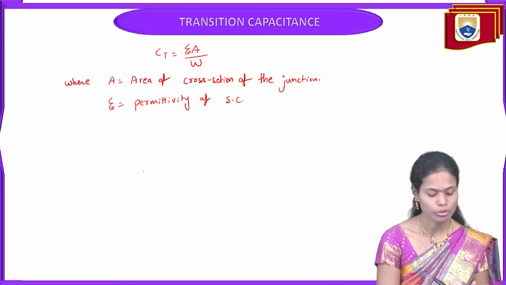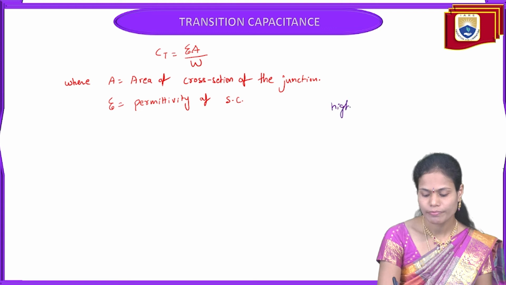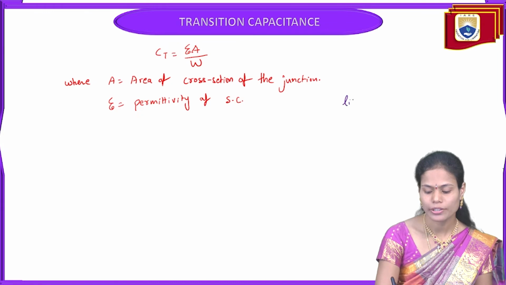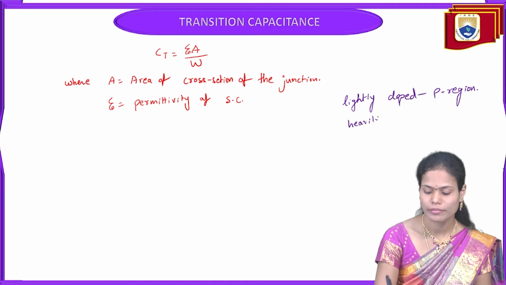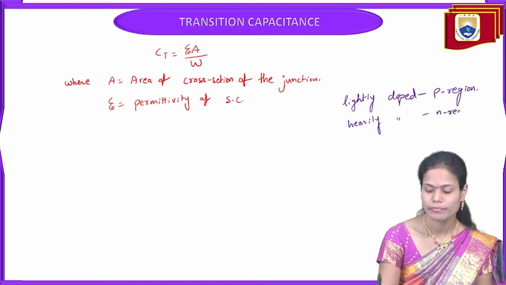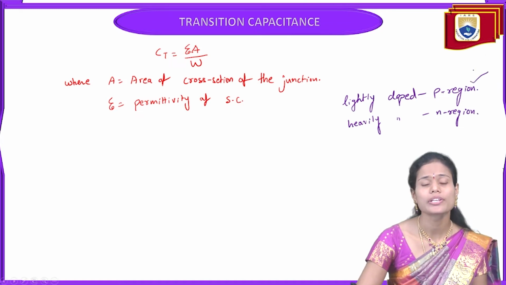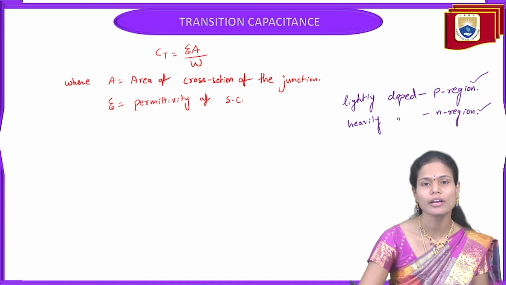In this case I am going to consider a lightly doped P region, or P type semiconductor material, and a heavily doped N region. Once the P region is lightly doped, the depletion region width will be more in the P region, and once the N region is heavily doped, the depletion region width is very small in the N region.